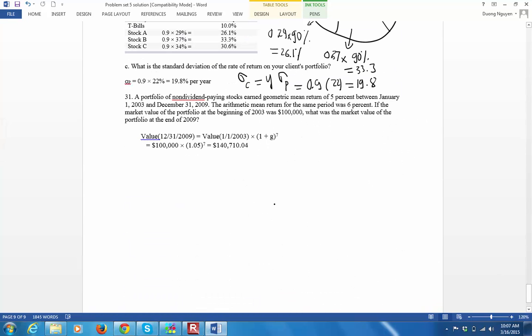And last question, a portfolio of a non-dividend paying stock earns a geometric return of 5% between January 1, 2003, and December 31, 2009.